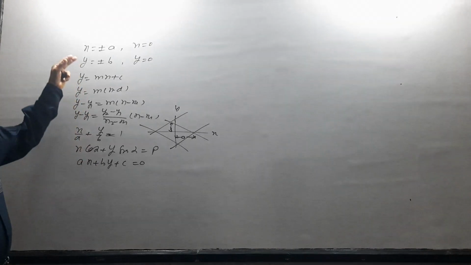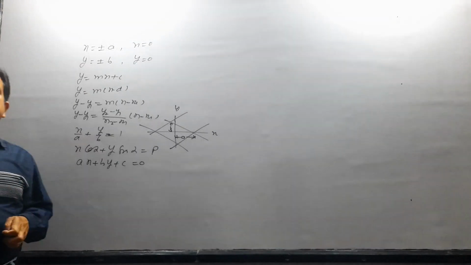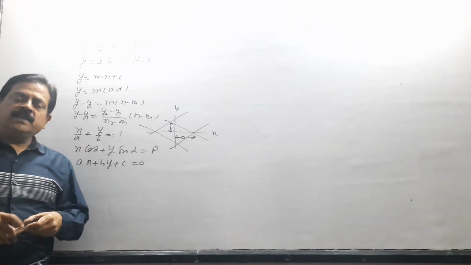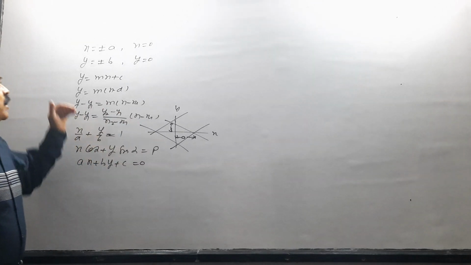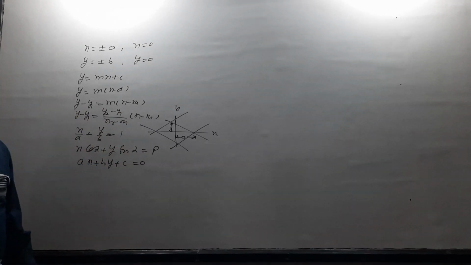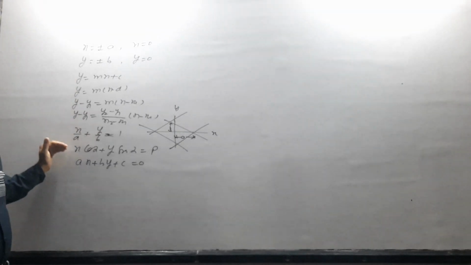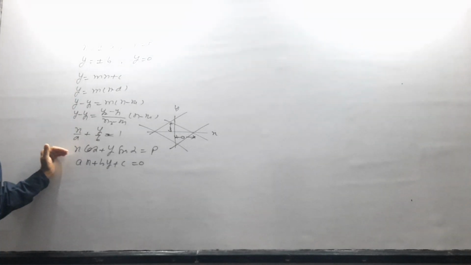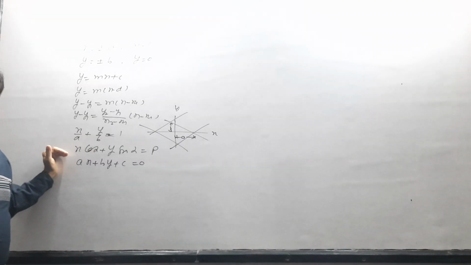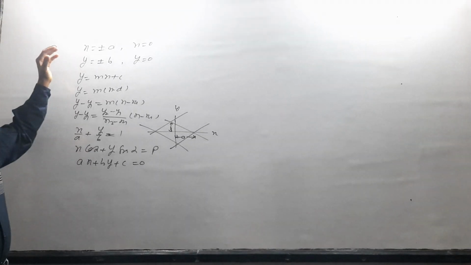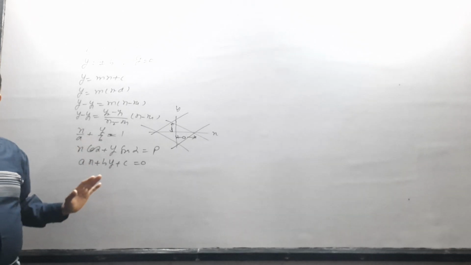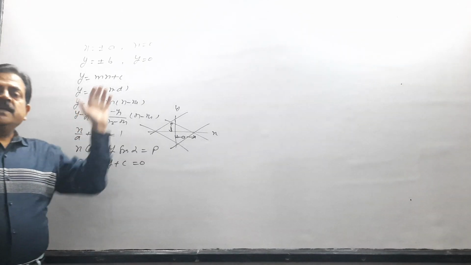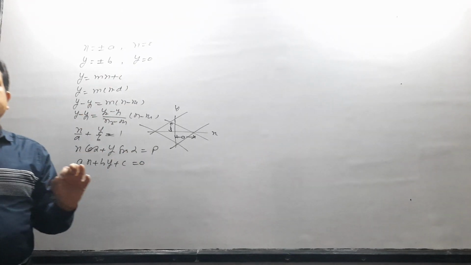So these are different straight lines, but one thing is common in them, and that common thing is the power of the variables, the power of variable x and the power of variable y. So all these equations are linear, either in one variable or in two variables, in x, in y and in xy.